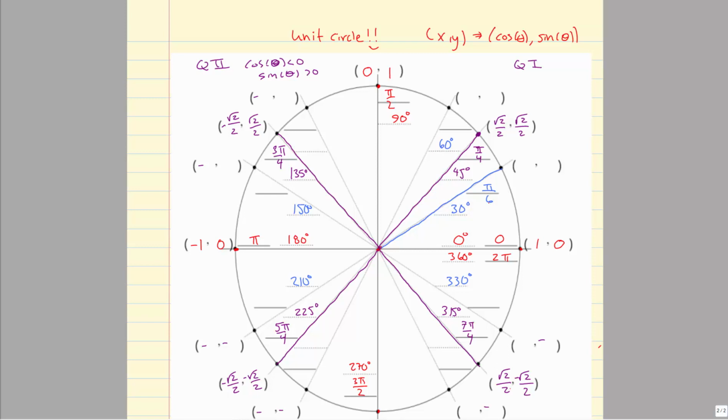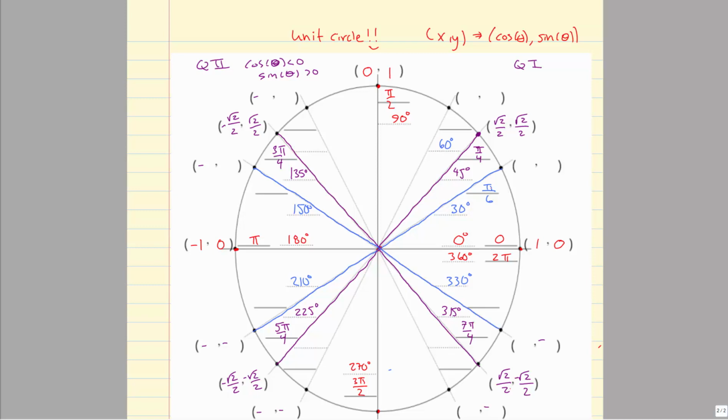But the ones I really only want to relate this to are the ones that have a reference angle of 30 degrees. Now notice this goes straight through from the 30 in quadrant 1 to the reference angle of 30 in quadrant 3. And the same thing here in quadrant 2 to quadrant 4.